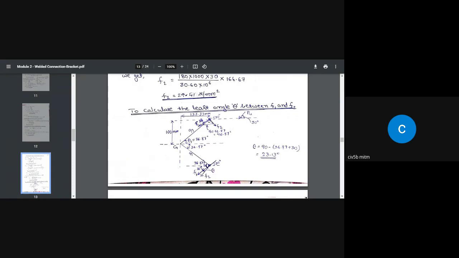But in the case of cos, cos 0 is 1, cos 30 is 0.866, cos 45 is 0.707, cos 60 is half, cos 90 is 0. Is it not?